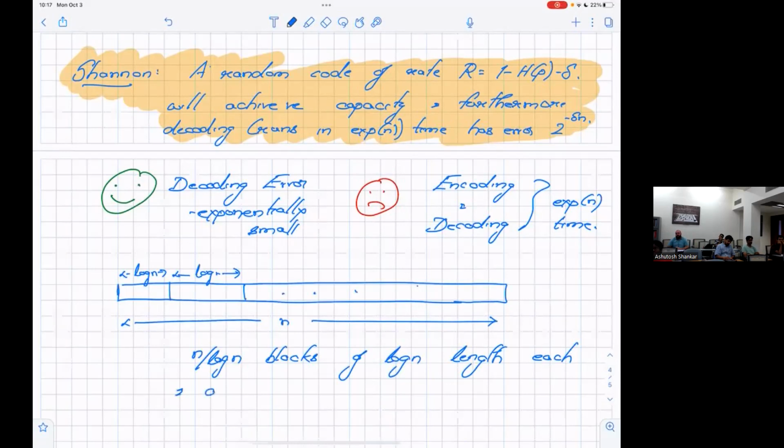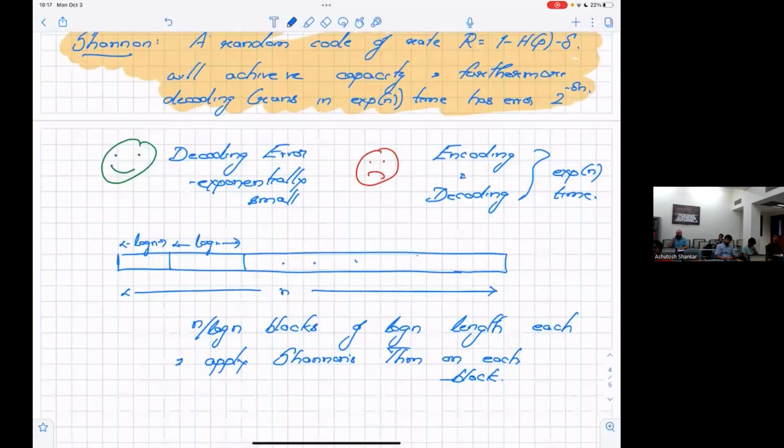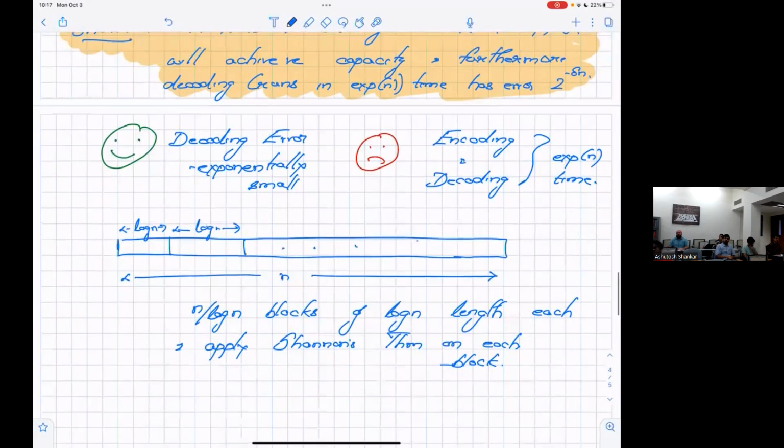And apply Shannon's theorem on each block. Notice that now we have a single code of length log n, which we are going to repeat along each of these blocks. So what's the encoding time?